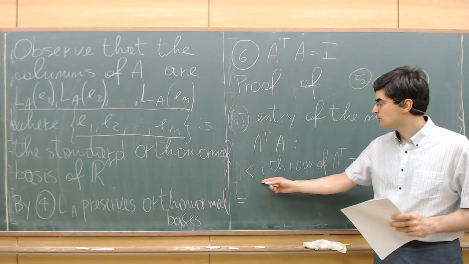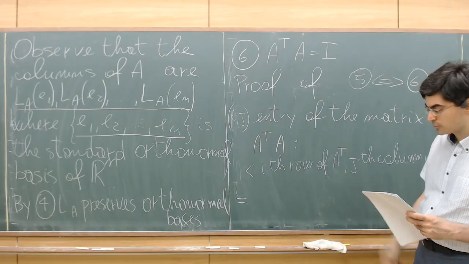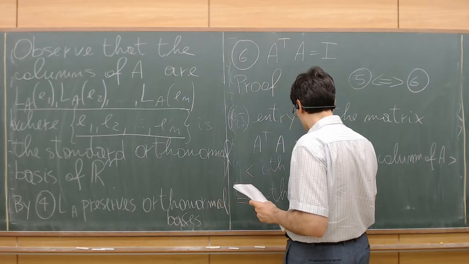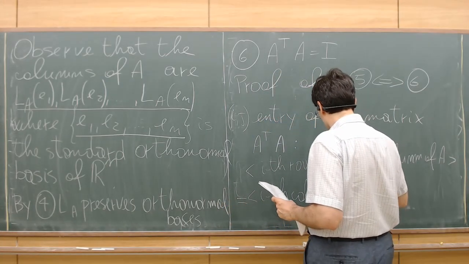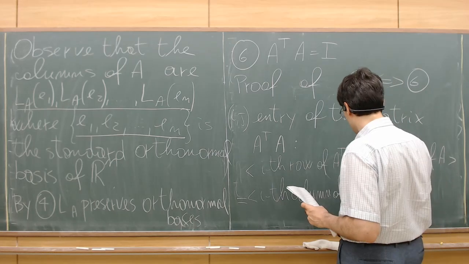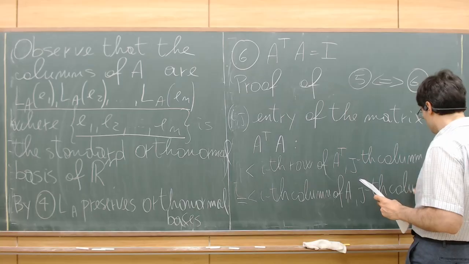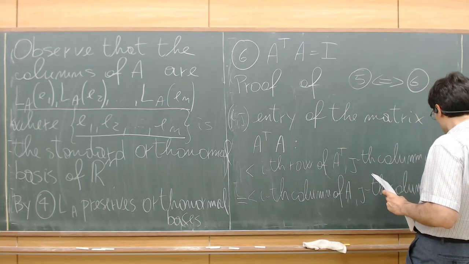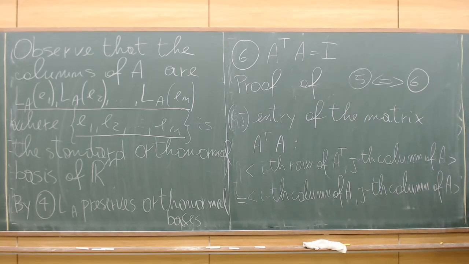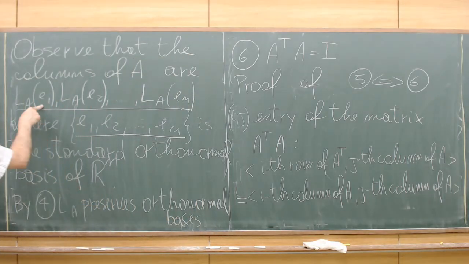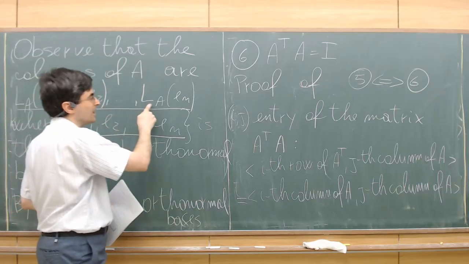What is the ith row of A transpose? This is the ith column of A, and I multiply it by the jth column of A. But the columns of A are these vectors here, LA E1, LA E2, LA E3, LA En.